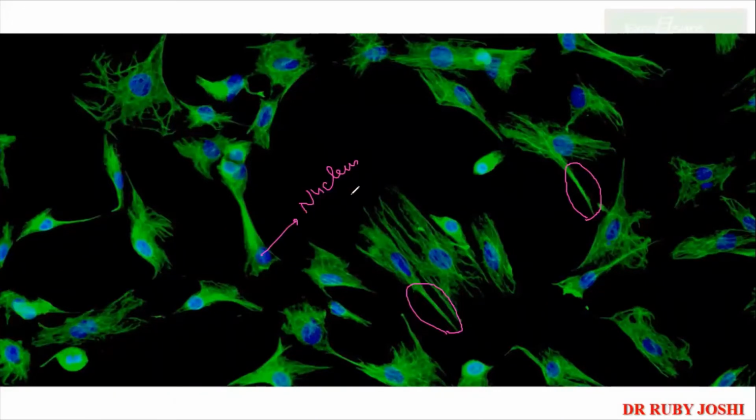Yes, ma'am. DAPI, we say DAPI. It is always for your nucleus staining. Where DAPI stands for, anyone who knows the full form? No? So it is your 4-6 diamidino 2-phenyl indole.